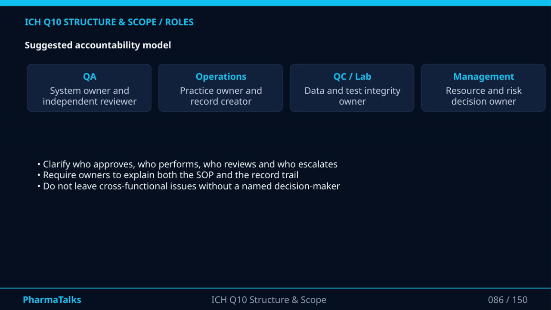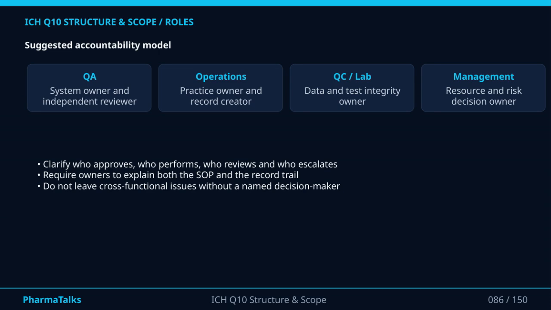For QC and the laboratory, the data and test integrity owner ensures that all test results are reliable and properly recorded. Management holds a critical role as a resource and risk decision owner, making strategic decisions about resource allocation and risk management. It's essential to clarify exactly who approves, performs reviews, and escalates tasks within the system.